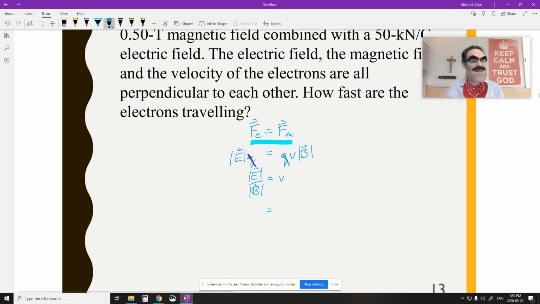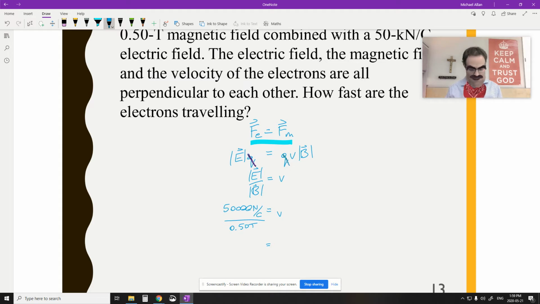So we've got 50,000 newtons per coulomb, so it's 50 kilonewtons per coulomb. I'm going to change that to regular newtons per coulomb, divided by 0.50 teslas. I'm not going to go through the unit analysis of this, but it does work out to meters per second as long as you change it from kilo to regular.